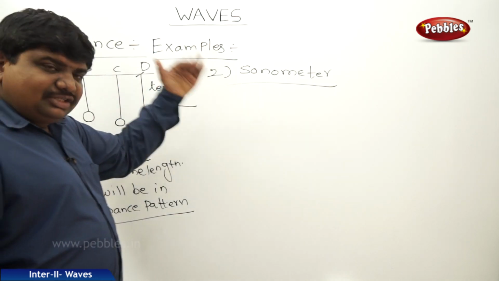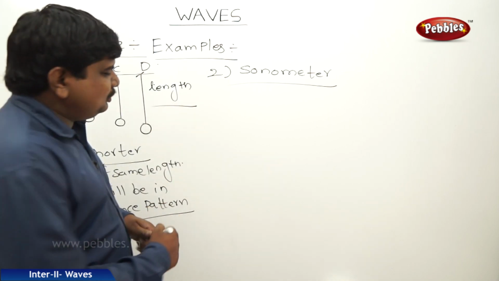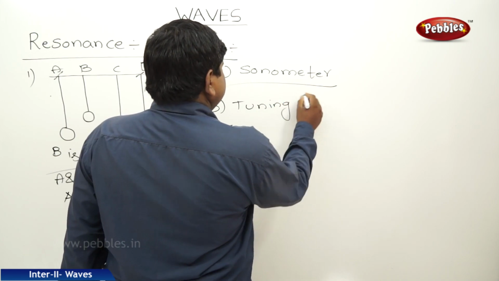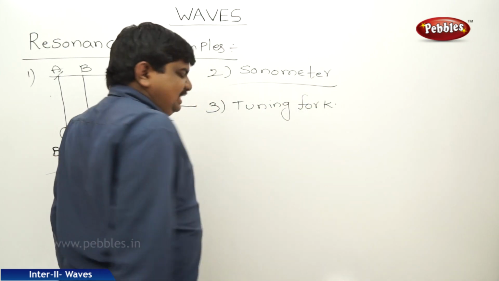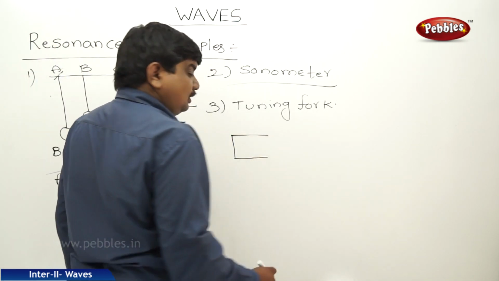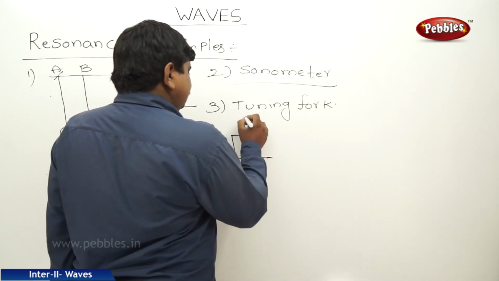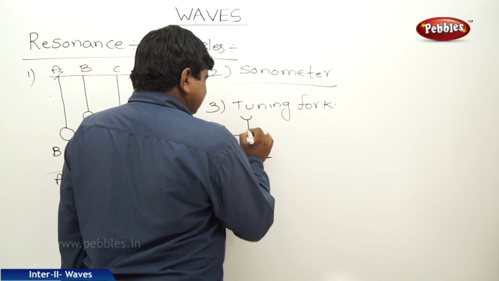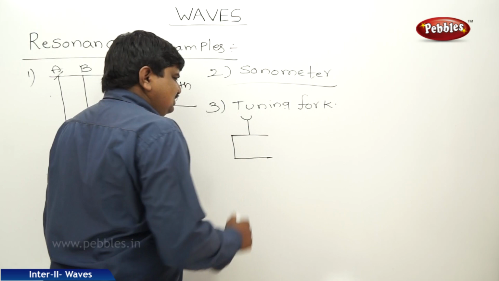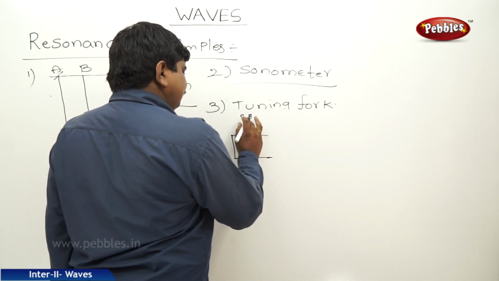So here in the sonometer, one more material was unknown, that is the tuning fork. So what is the tuning fork? Let us take two hollow wooden boxes. Two tuning forks are placed facing each other. If we vibrate this tuning fork with a rubber hammer, yes, it will vibrate.